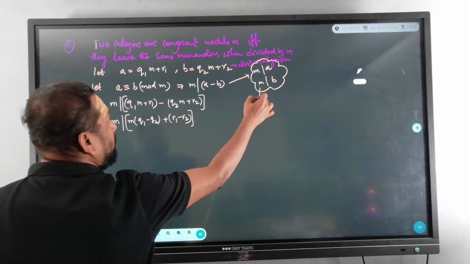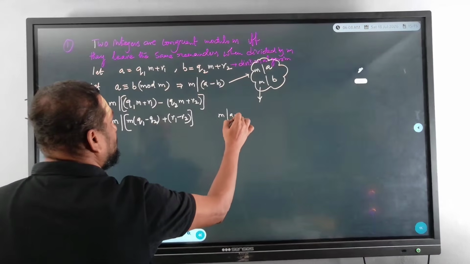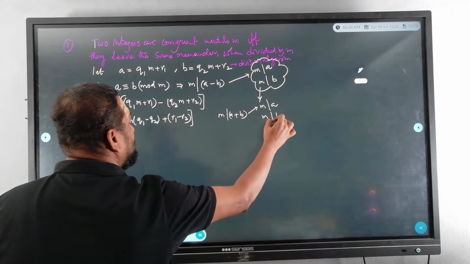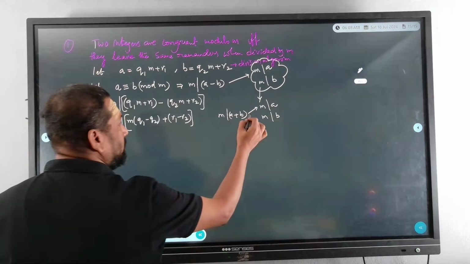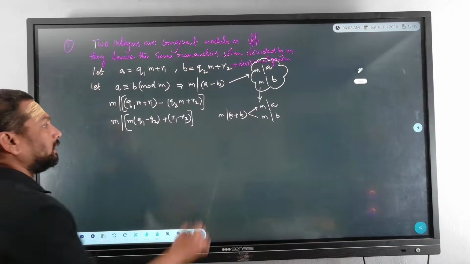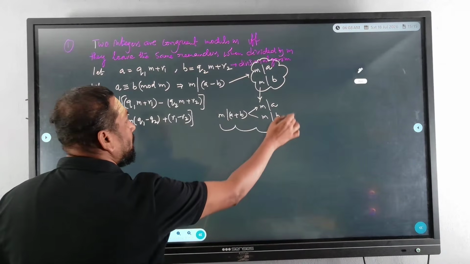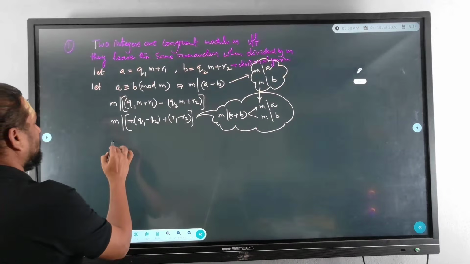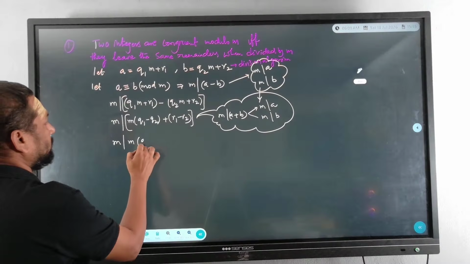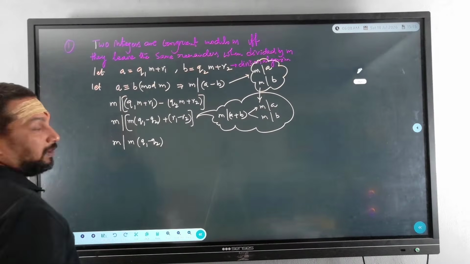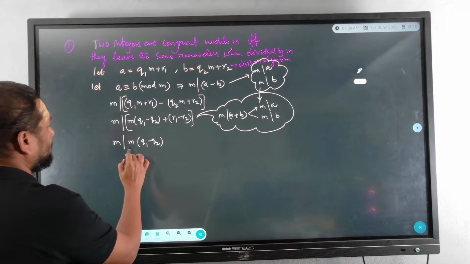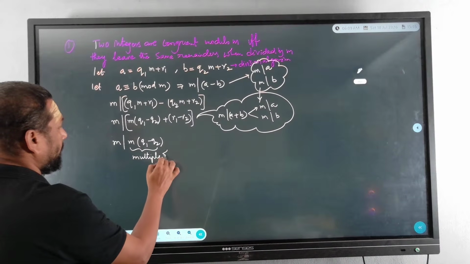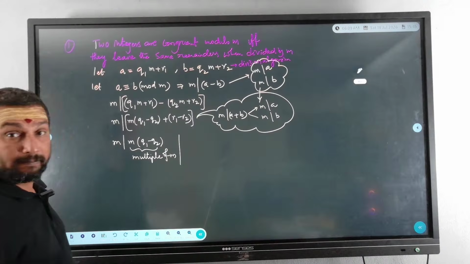See, by using this property, m divides A plus B means m divides A, m divides B. So m divides m times Q1 minus Q2. This is a multiple of m, very clear.